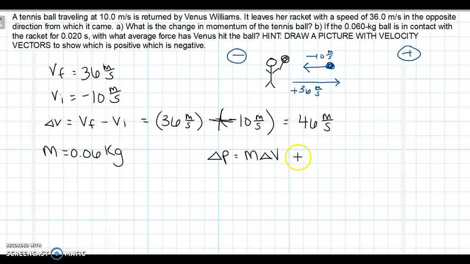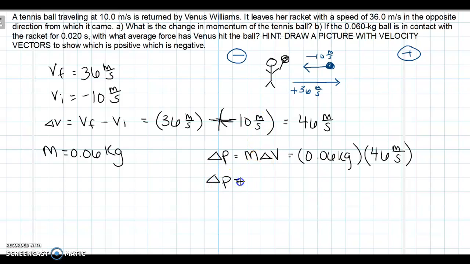So my change in momentum is 0.06 kilograms multiplied by that change in velocity. The ball is coming towards Venus Williams, then she hits it with her racket and sends it the other way with that amount of velocity. So what is the change in velocity? We take this number right here, 46 meters per second.